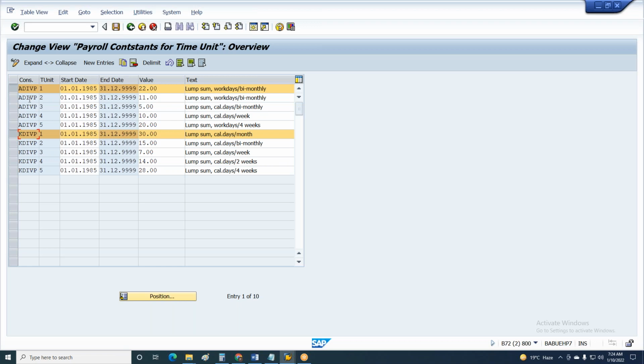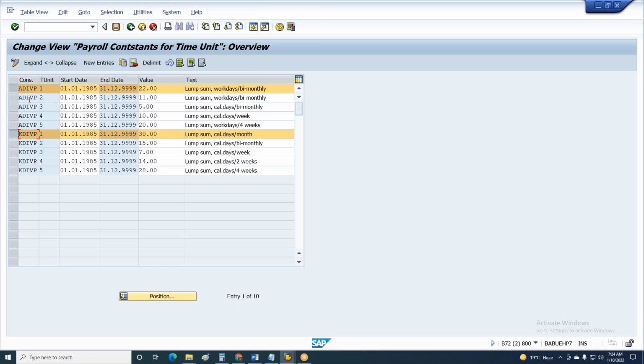So in an interview, definitely they'll ask you what is the difference between SOLL and DIVA, or DIVA and DIVP. The differences are what? Both DIVA and DIVP are divisors for the calculation of the rates. DIVA is the actual plan working days in a month.